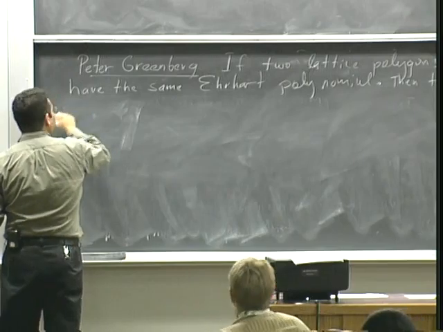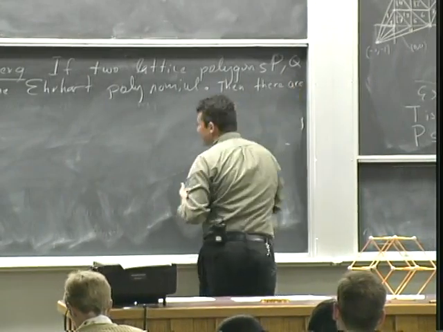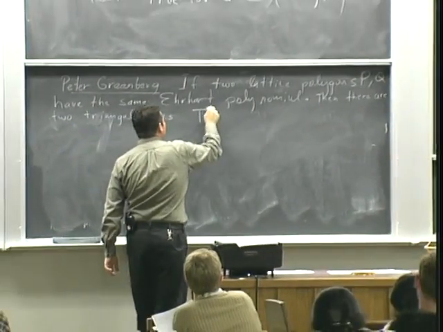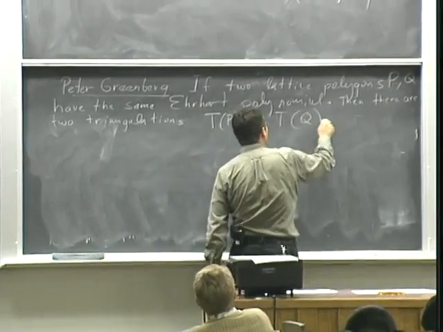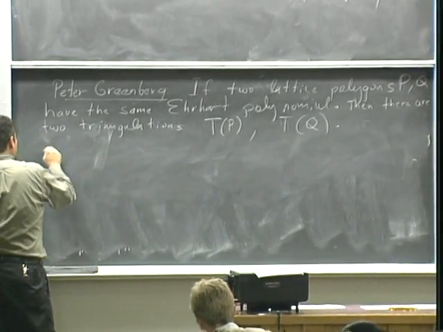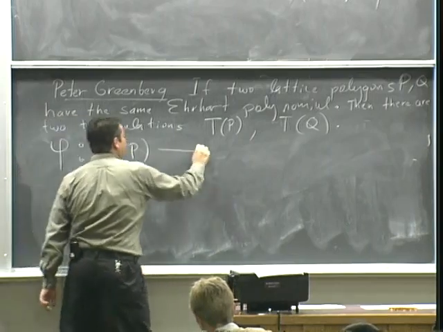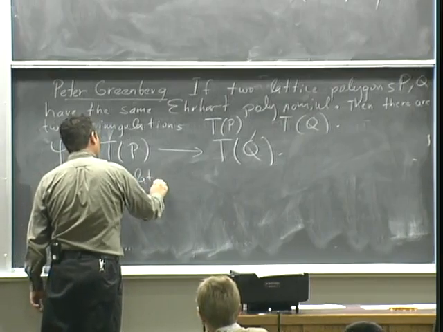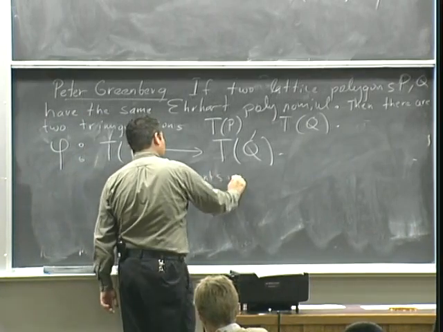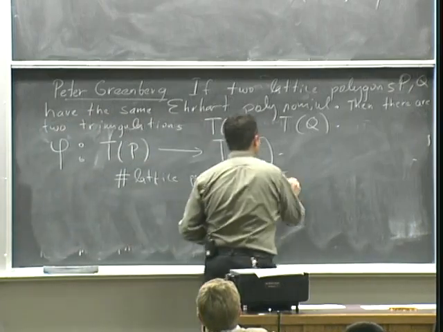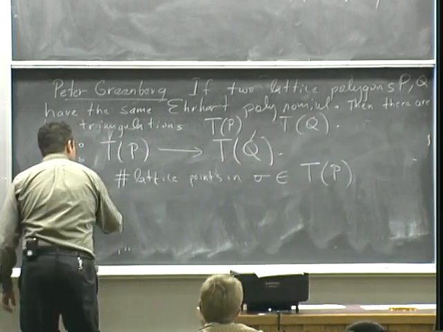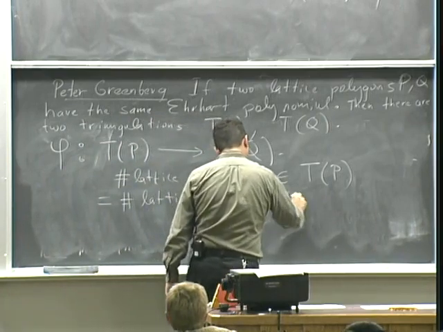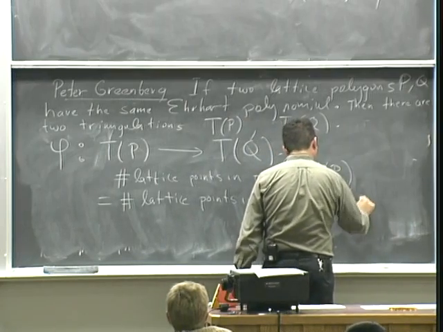Then there are two triangulations, T of P and T of Q, and a map between these triangulations such that the number of lattice points in sigma, a simplex inside the triangulation of P, is equal to the number of lattice points in phi of sigma, which is in the other triangulation.